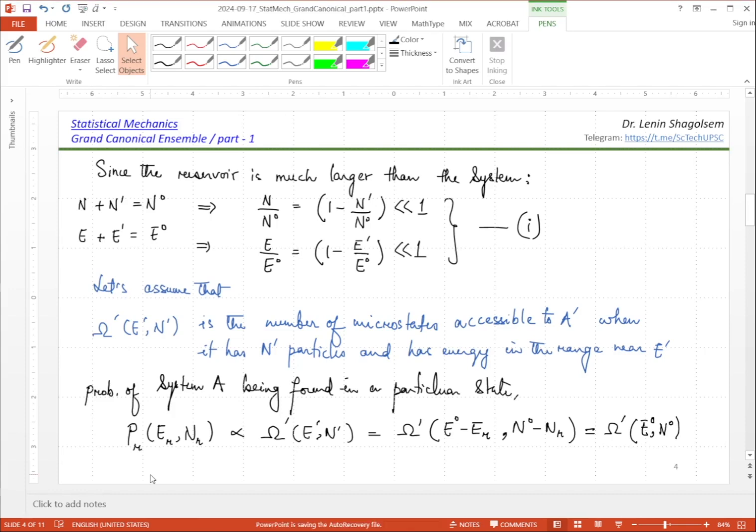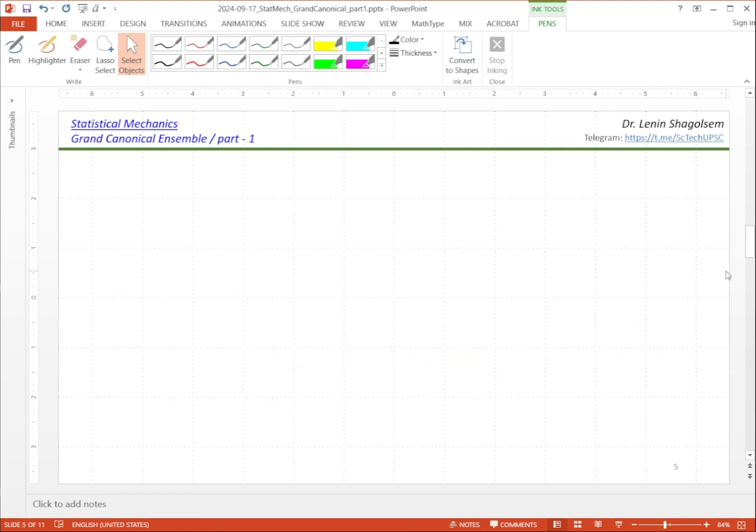Now let us do some simplification. Let us try to enumerate this omega dash. As we noted in the last lecture, normally the number of microstates omega is an extremely large number. So we have to take log of this omega and then do a Taylor expansion about the mean, or sorry, total energy. So now let's do that.